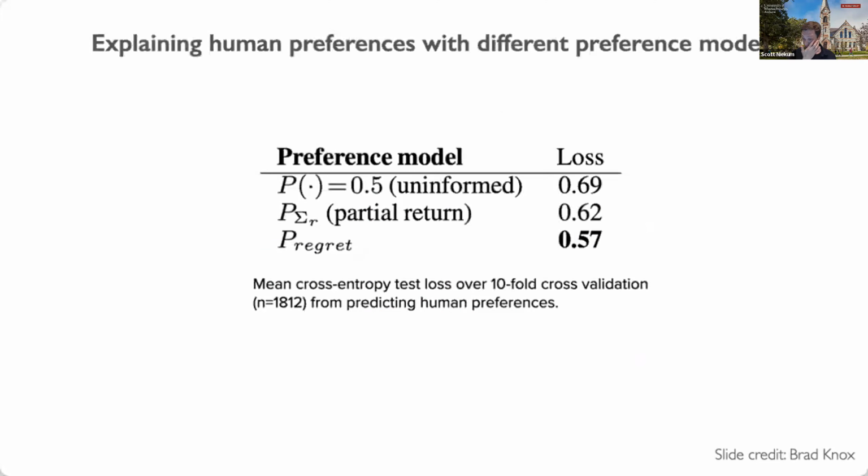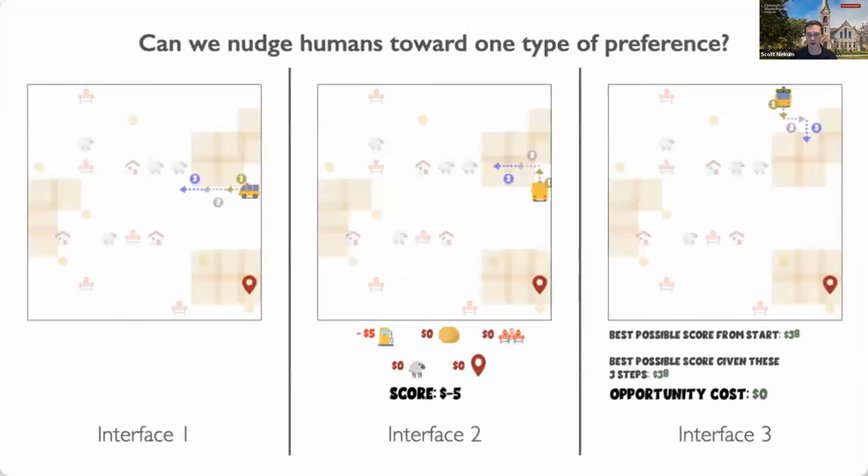We confirmed this numerically as well: from a regression perspective, the regret model fits the preference data we saw better than a partial return model or a uniform random model. We also showed that even though the regret model is not a perfect model of how people give preferences, we can use different user interfaces to push people toward one type of preference or another. We had one interface where we don't show them any additional information, one where we show them information related to return, and another related to regret.